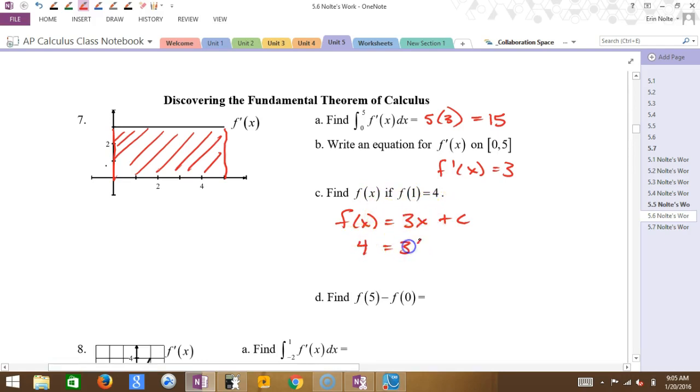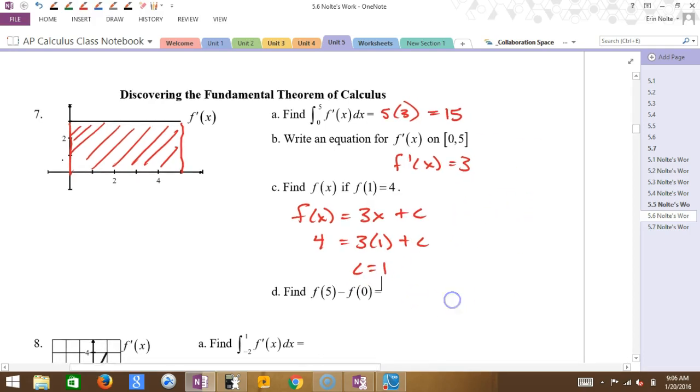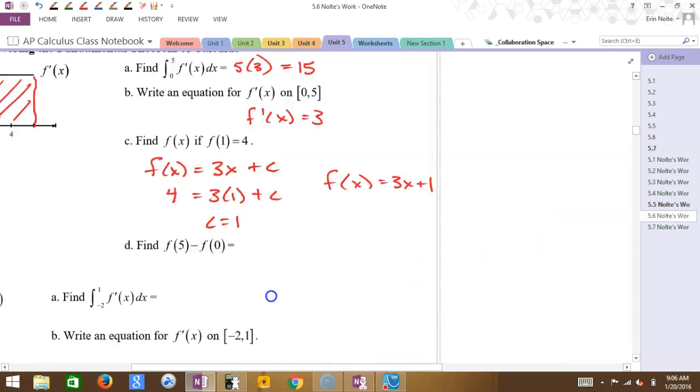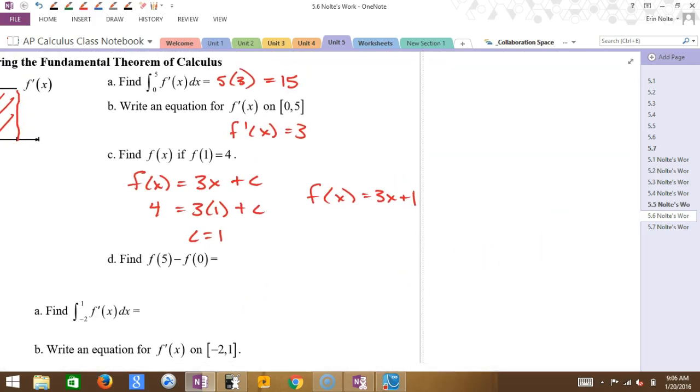We're going to plug 1 into the x, and that allows us to find c. So is everybody good with c is 1? So therefore, our function is 3x plus 1.